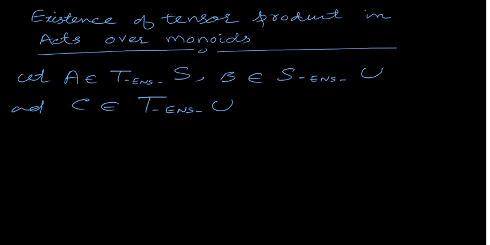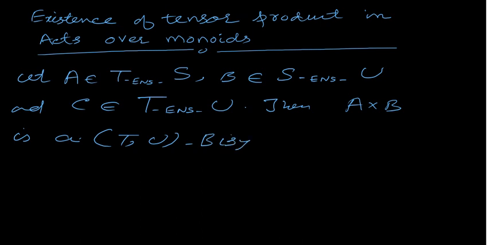Then we know that we can define the action on A cross B. A cross B is a TU bisystem.